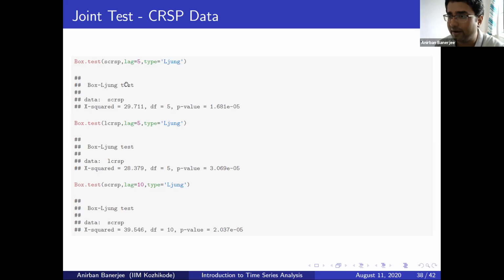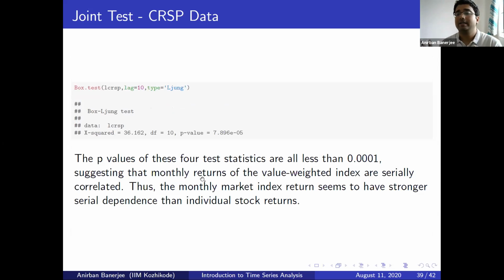Whether you go for lag 5 or lag 10 doesn't make too much of a difference. In all cases, the p-values are small enough. So some of these ACF values are statistically different from 0. Not all of them are equal to 0. So we are saying that this value weighted index is serially correlated.